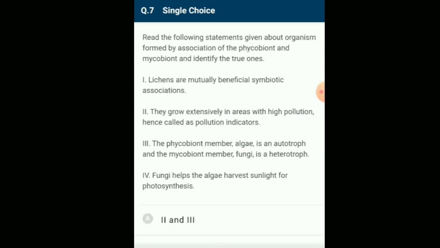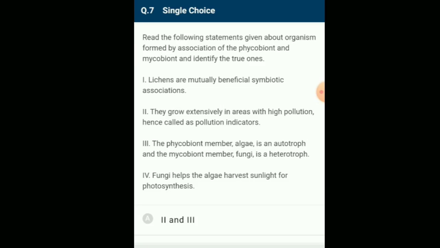Question number 7. Read the following statements given about the organism formed by association of the phycobiont and mycobiont and identify the true ones. Lichens are a symbiotic association of algae, generally called phycobiont, and fungi, mycobiont.